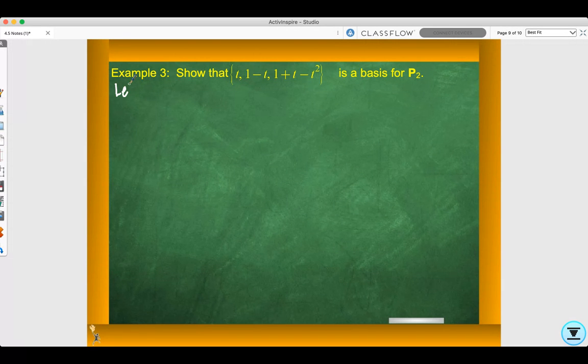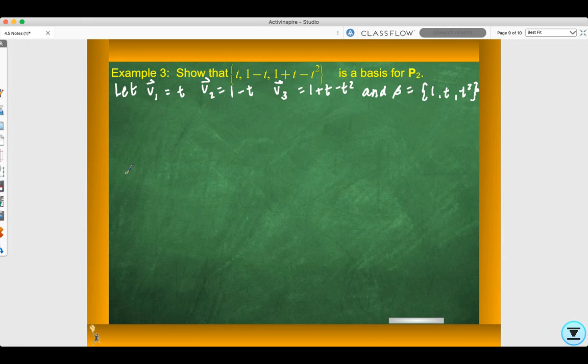So we're going to let v1 equal t, v2 equal 1 minus t, and v3 equal 1 plus t minus t squared, and B equal 1, t, and t squared.